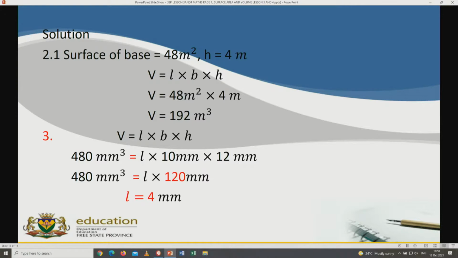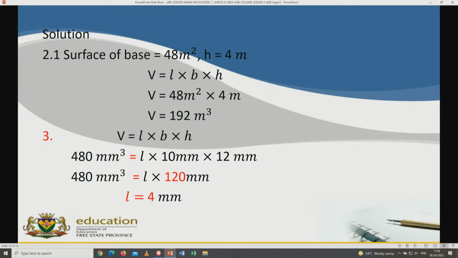That if we have the surface of the base or the area of the base was given there, then the volume of the first one, it was 192 cubic meters, and therefore what we just calculated in number 3 was that the volume was given, the length was not given, the breadth was 10, and then the height of that rectangular prism was given as 12 millimeters.